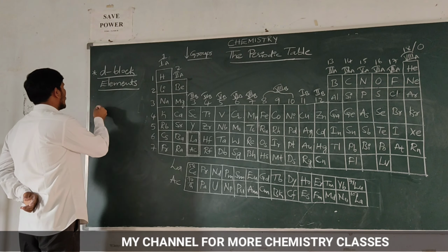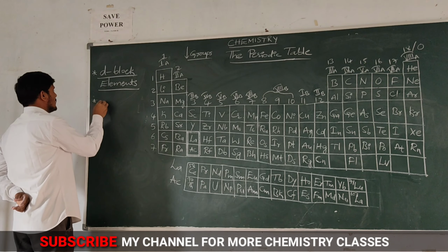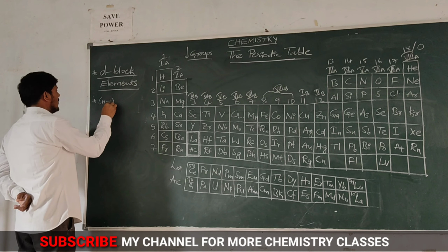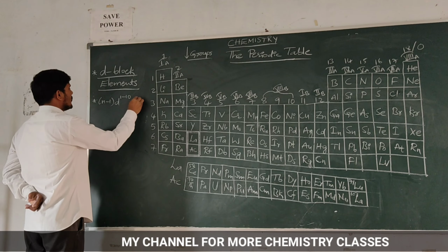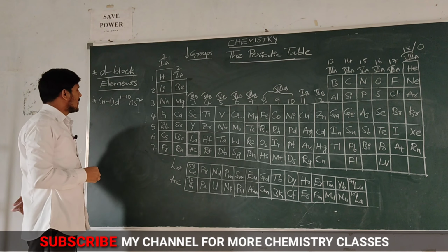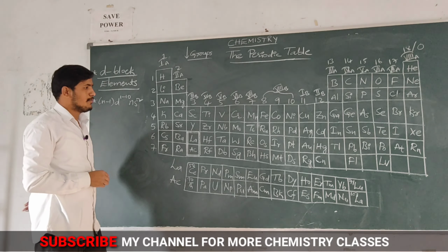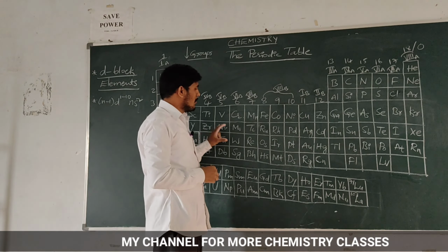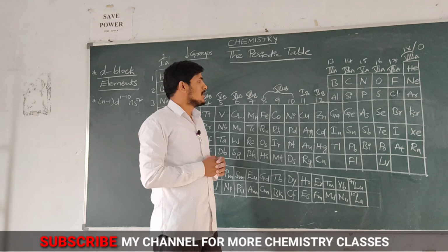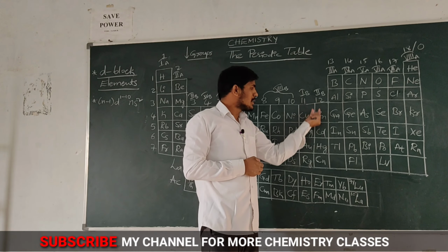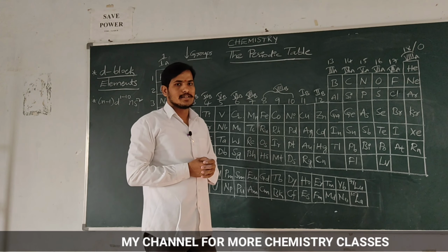The general electronic configuration of D block elements is (n-1)d1 to 10, ns2. D block elements are also known as transition elements except the 12th group elements.